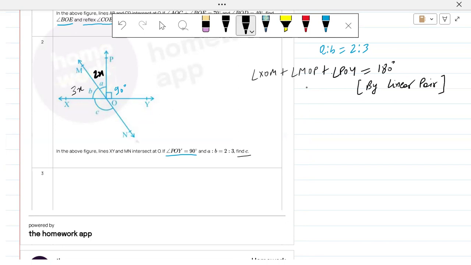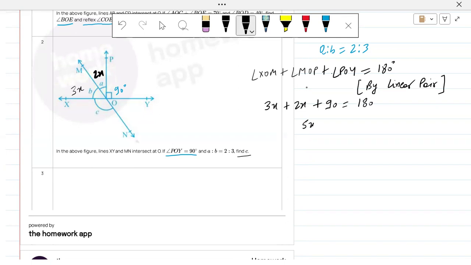And you know that XOM is equal to 3x, MOP is equal to 2x, and POY is already given in the question as 90 degrees, and the sum is equal to 180 degrees.